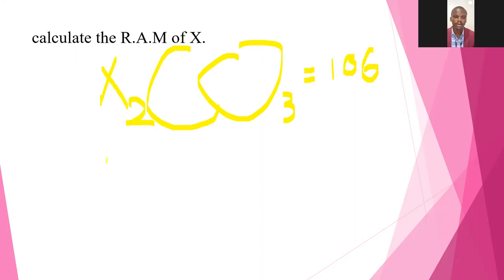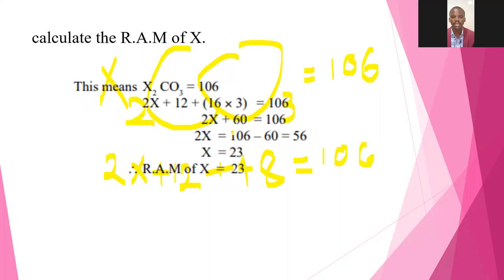So we'll have 2X plus carbon is 12 plus oxygen 16 times 3, that is 48, should be able to give us 106. So you add this plus this, then you subtract the answer from this, then you divide the answer by 2. That's the way it has been done here.